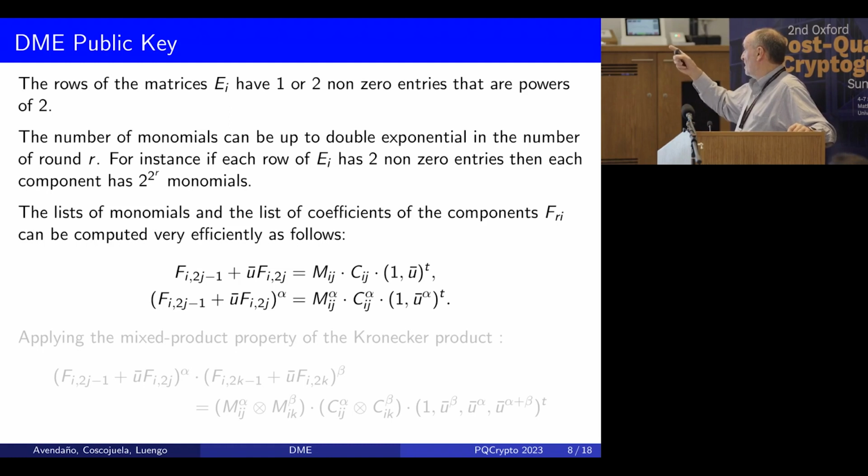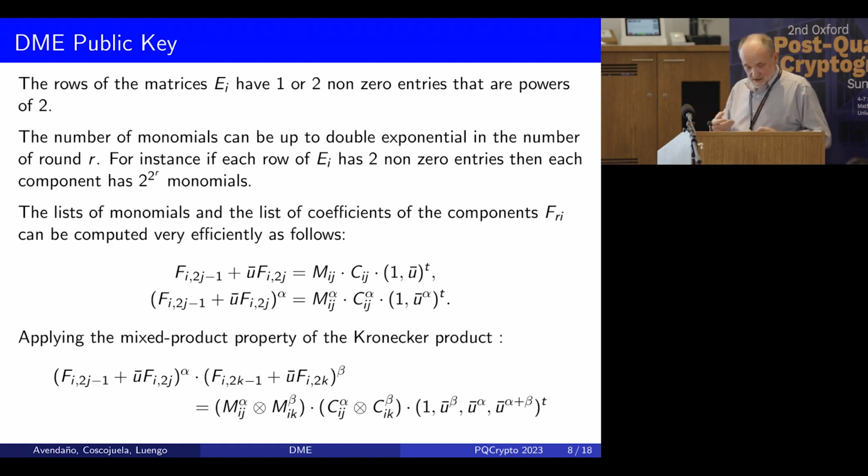Using this matricial expression of each component, we see that finally the matrix of the product of the monomials is the Kronecker tensor product of the matrices of monomials, and the same for the coefficients. So this is really going very fast.